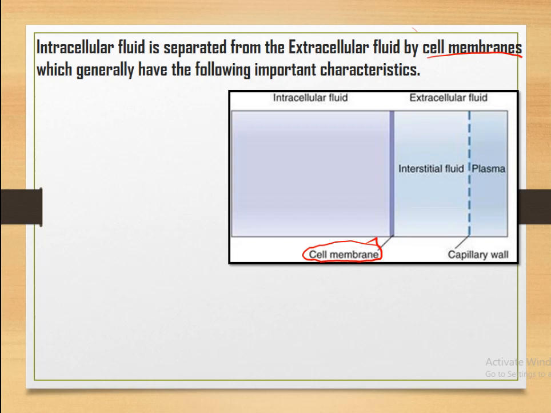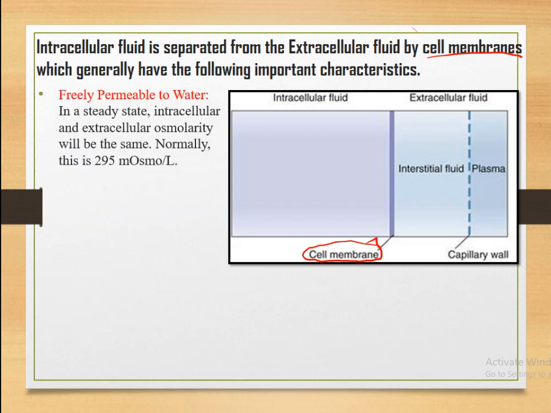What are the properties of this cell membrane which make it able to separate these fluids? One of the properties of the cell membrane is that it is freely permeable to water. This means that in a steady state, intracellular and extracellular osmolarity will be the same.